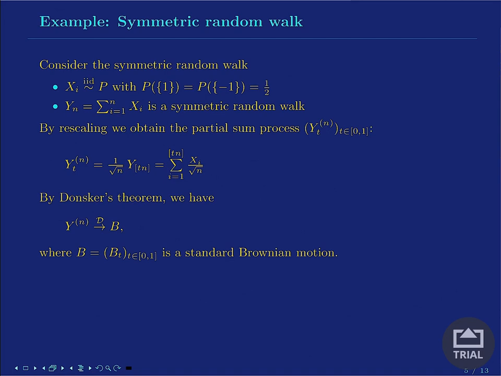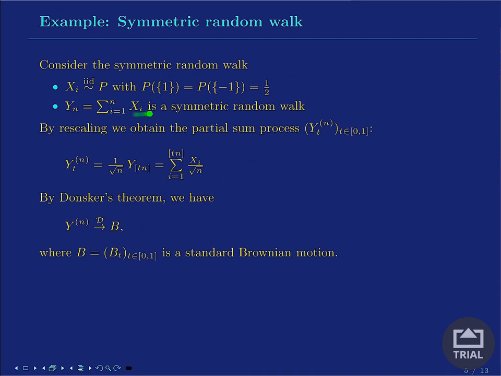To come back to our symmetric random walk, we have exactly the conditions of Donsker's theorem satisfied. Our random variables are independent, identically distributed. They have mean 0 and variance 1.